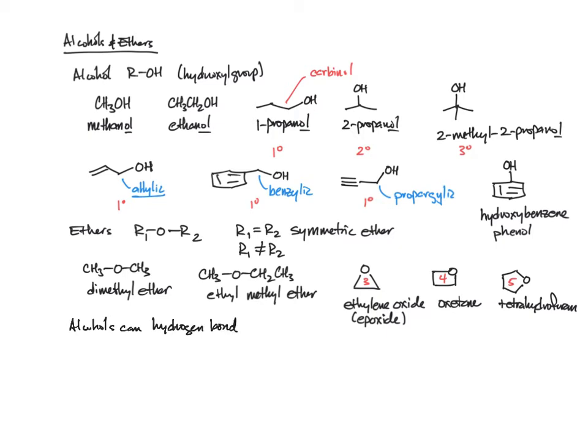So that's an important aspect to the physical properties of the bulk matter in terms of melting point, boiling point. So for example, let's say we were looking at ethanol, and I've put in the lone pairs. So a molecule of ethanol can hydrogen bond with itself in the following manner.